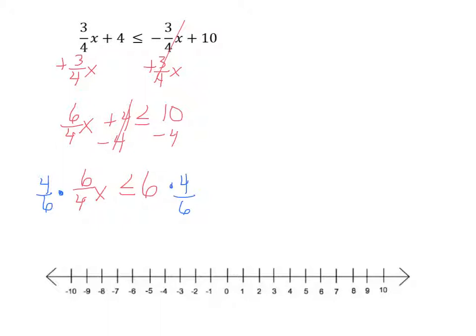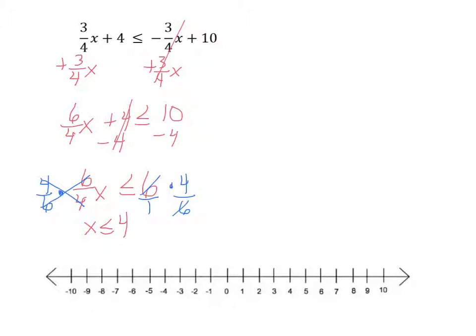The 4s are going to divide out to 1, the 6s are going to divide out to 1, and all I'm going to have left is an x. On the right side, since I'm multiplying by a fraction, it might be nice to look at that as a fraction. My 6s will divide out, and I just get a 4. So I guess it didn't hurt me to not bother with the reducing. The 6s reduced nicely. I have x is less than or equal to 4.